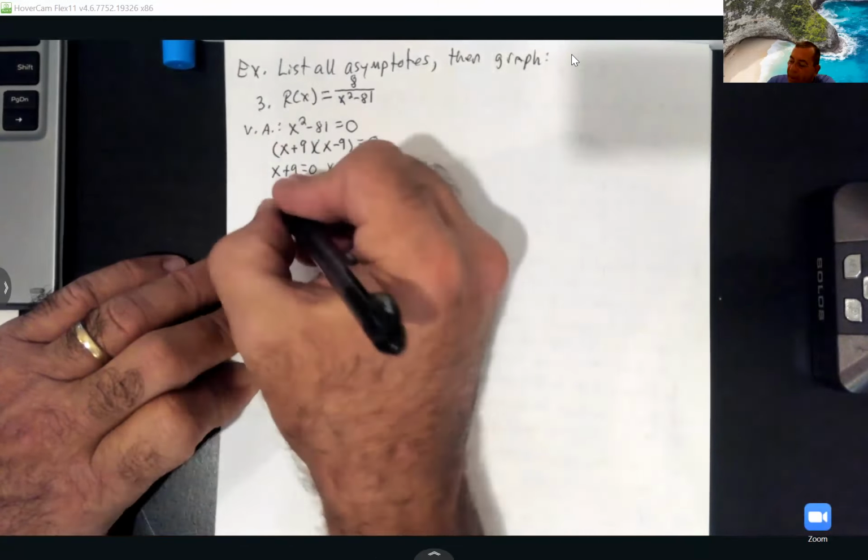Well, for us, there's no variable on top, so our top is a degree 0, since there's no variable. Our bottom is a degree 2. So since the top is not 1 degree higher than the bottom, that means there is no oblique asymptote.